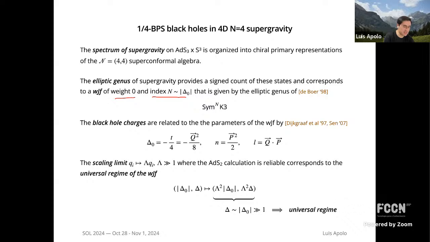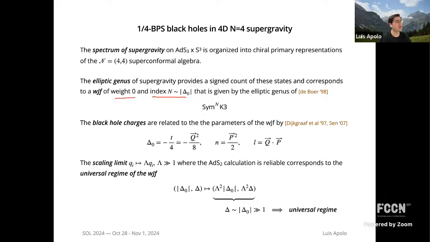So this is the same elliptic genus as that of the symmetric orbifold of K3. And the crucial part to extract the logarithmic corrections to the entropy of black holes from this weak Jacobi form is to find in which regime of the weak Jacobi form we are.